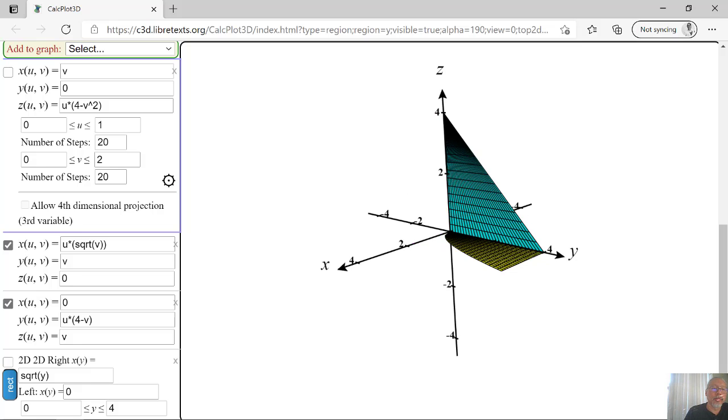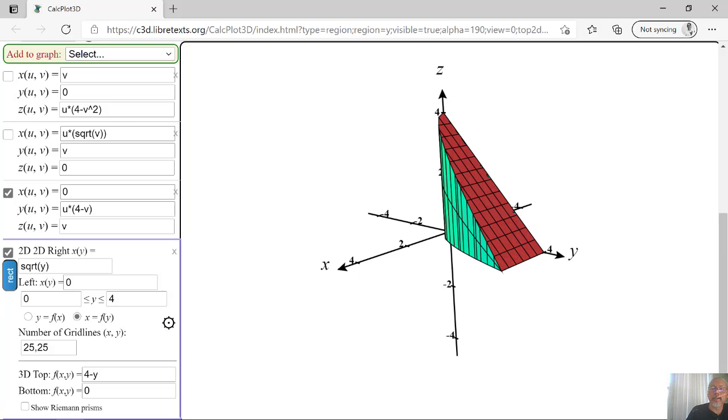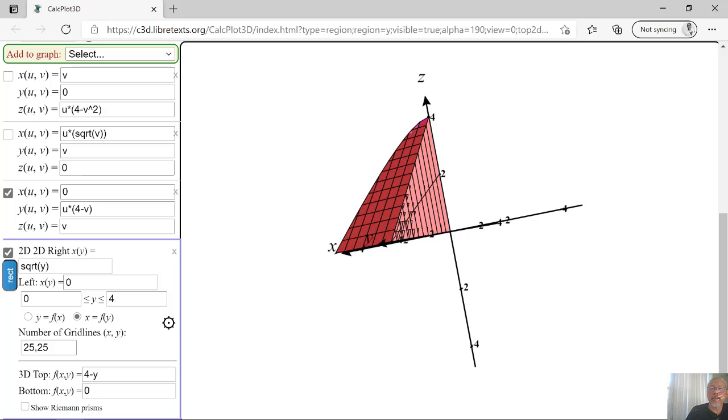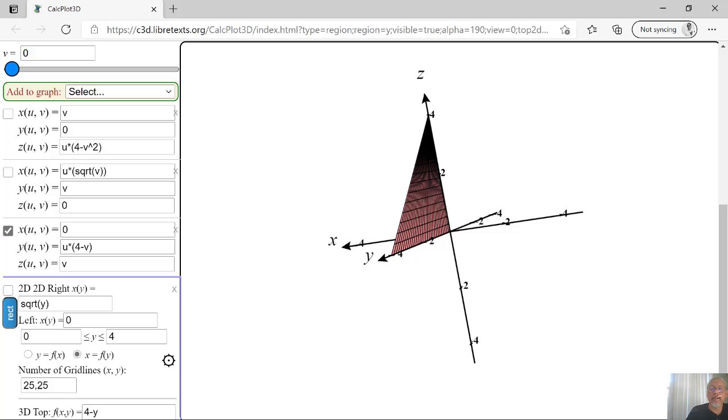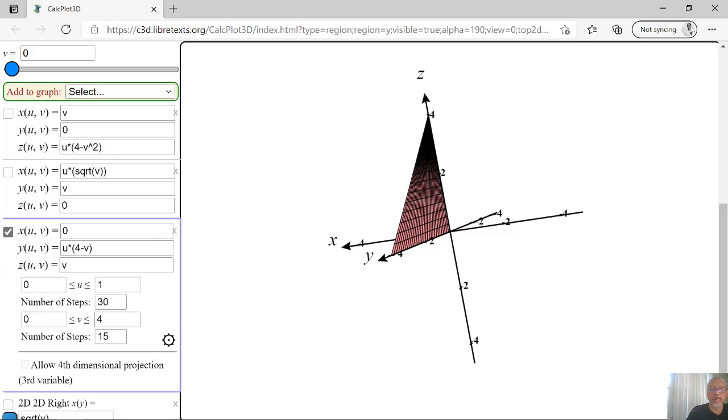So for example, the original integral had an integral with respect to x first and then y and z. And then if we take a look at the YZ shadow and then draw the region right next to it, you can see that the YZ shadow is that shadow that it makes on the YZ plane.